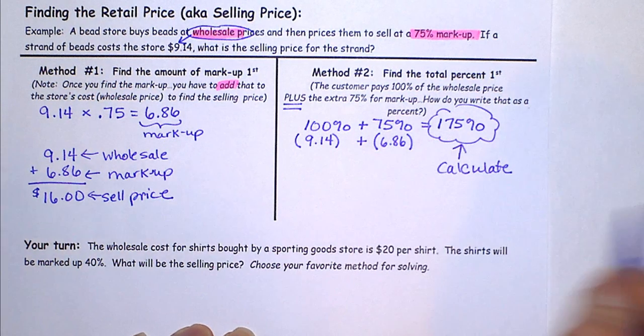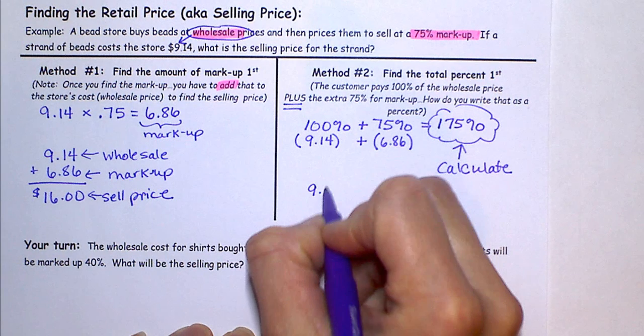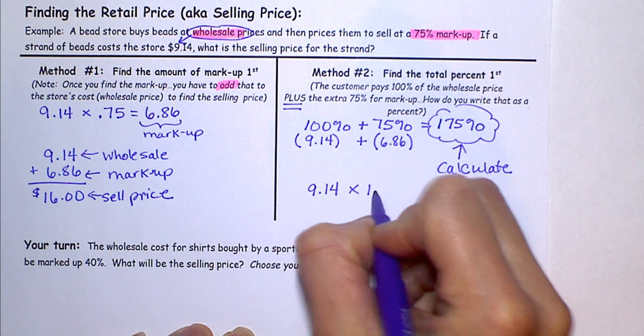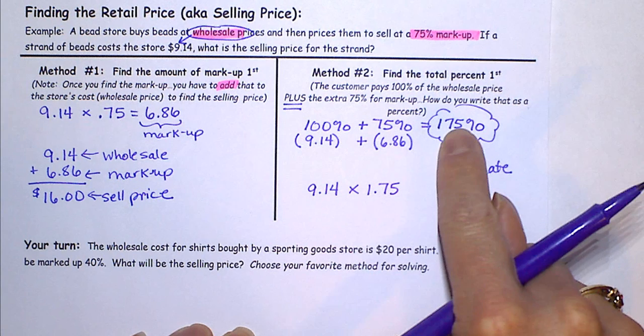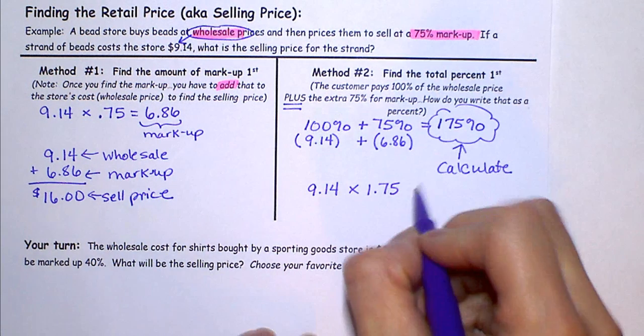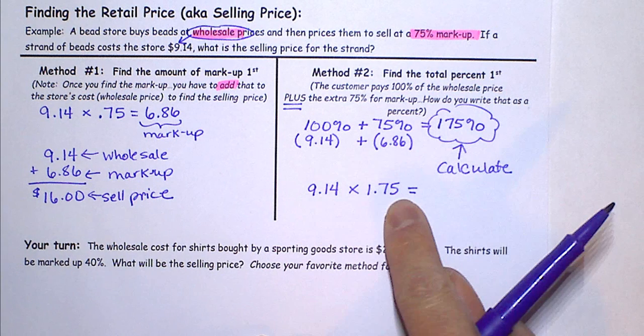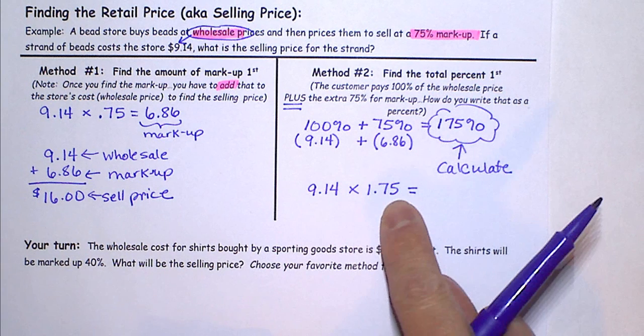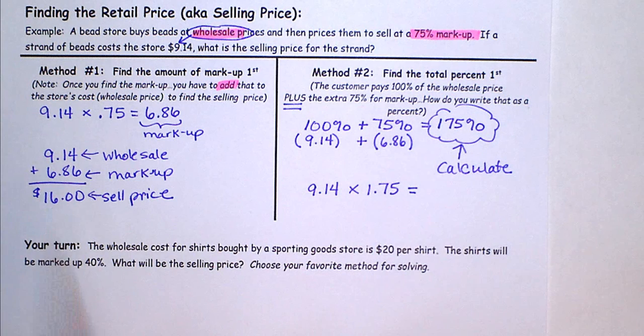We are going to do 9.14 times 1.75, because 175% written as a decimal is this. Now, if I did this correctly, when I type this into my calculator, it should tell me exactly 16. So this helps us to avoid an extra step.